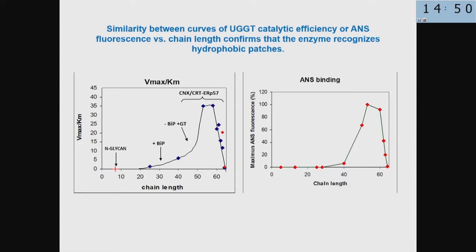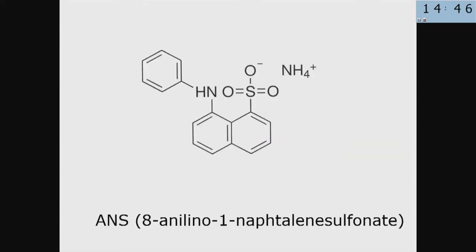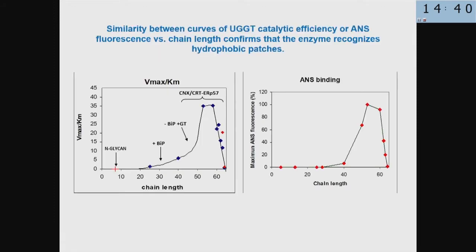ANS is 8-anilino-1-naphthalene sulfonic acid. So this indicated that what the enzyme recognizes is the exposure of hydrophobic patches in the molten globule conformation. Molten globule conformations are adopted by proteins in the last stages of folding.